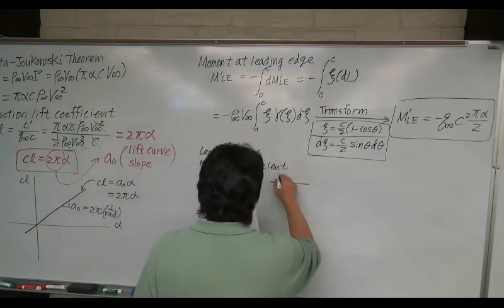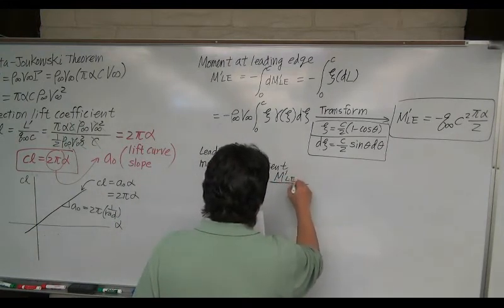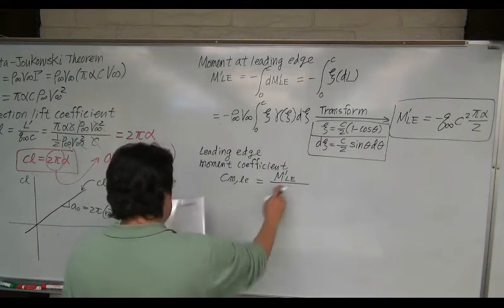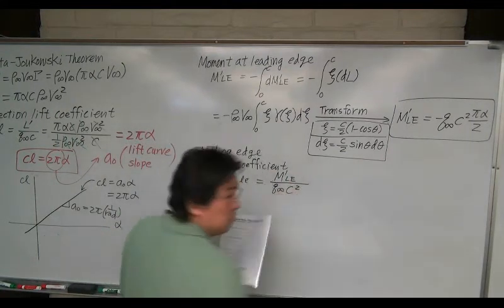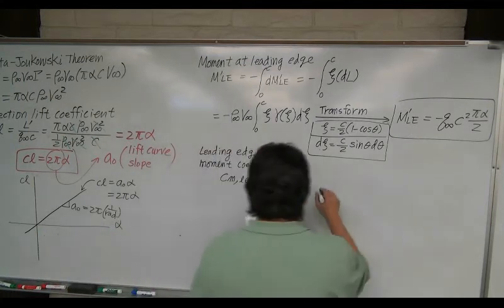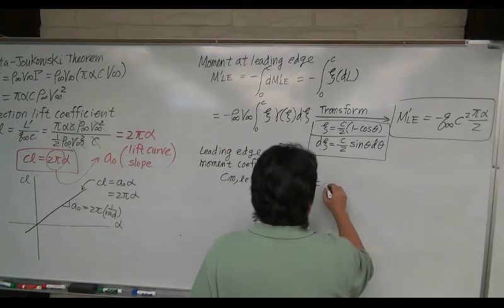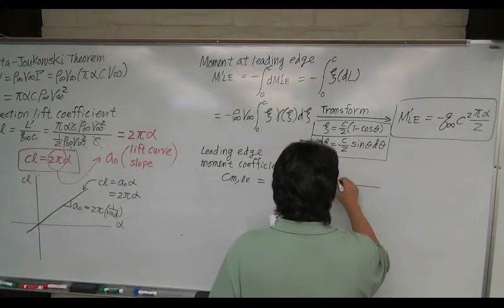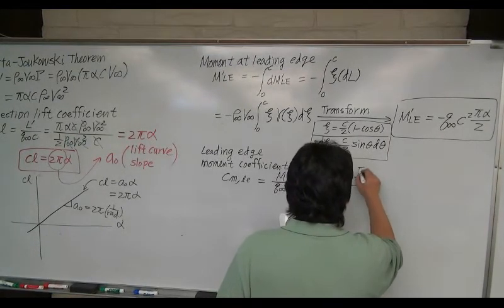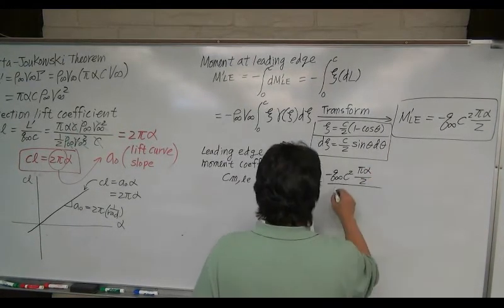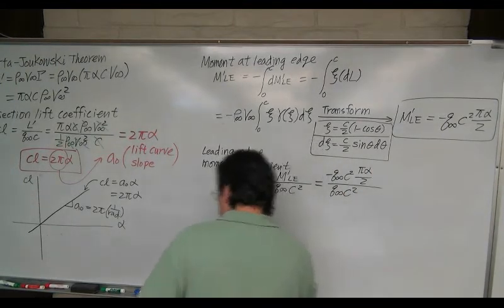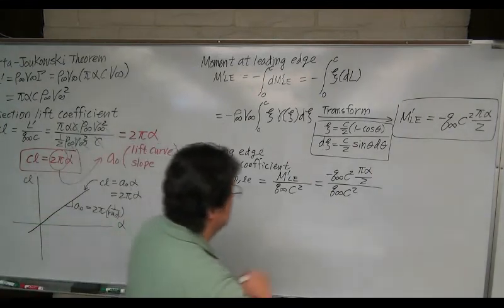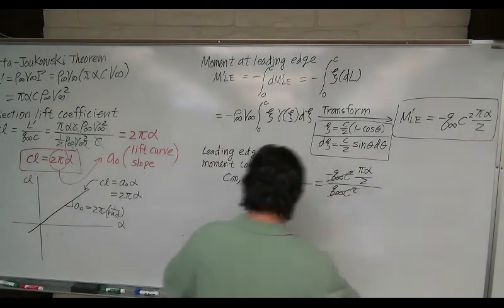So this is obviously M prime LE, leading edge moment per unit span, divided by q infinity multiplied by c squared. Which is what? Minus q infinity c squared pi alpha over 2, divided by q infinity c squared. Obviously, this cancels, this cancels.